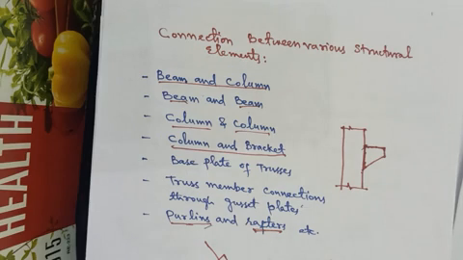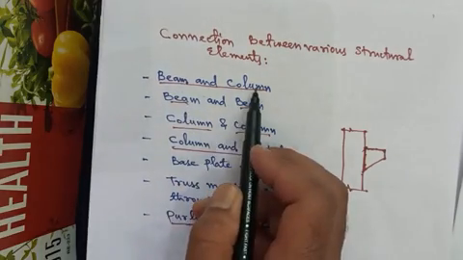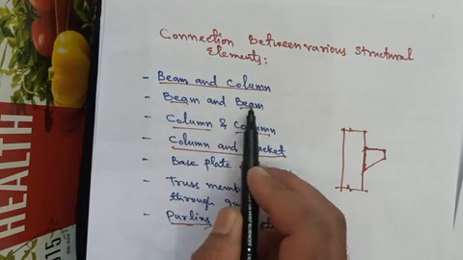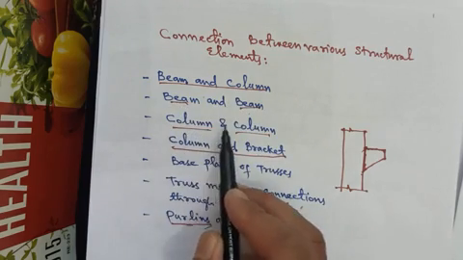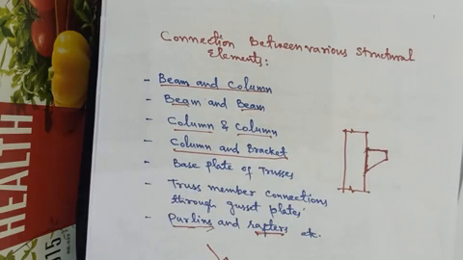Now the connections between various structural elements can be of the form beam and column connection, beam and beam connection, similarly column and column connection, column and bracket connection, or a truss member connected through gusset plates, and the connections between purlins and rafters.